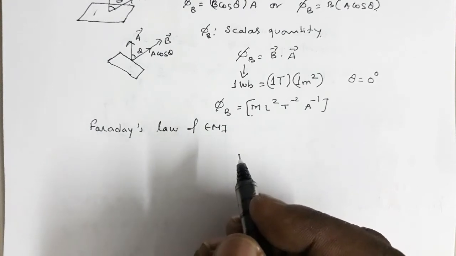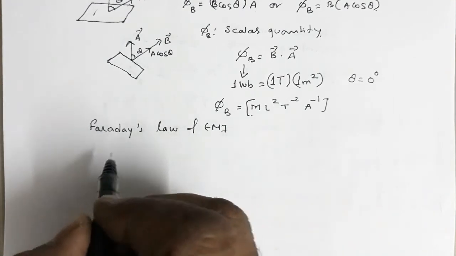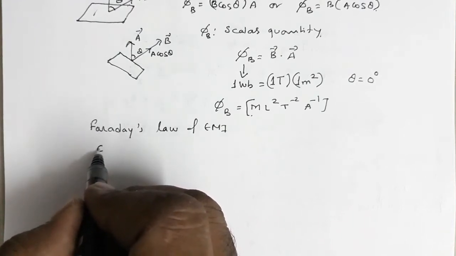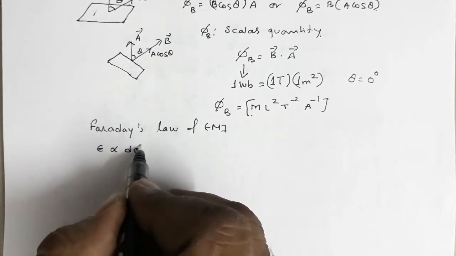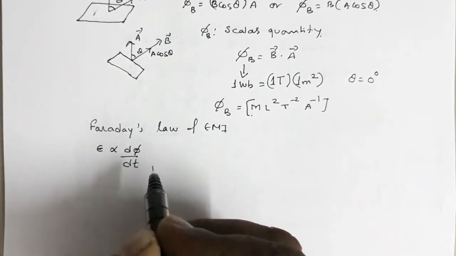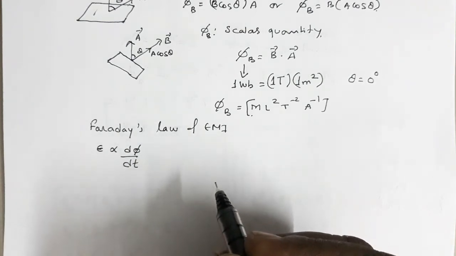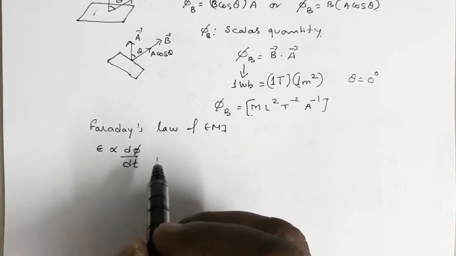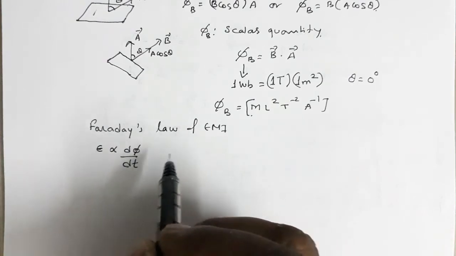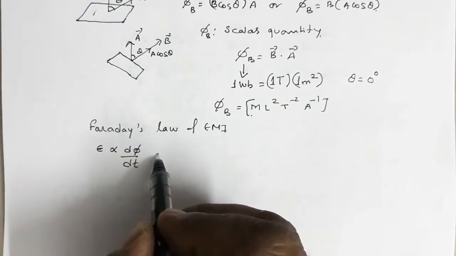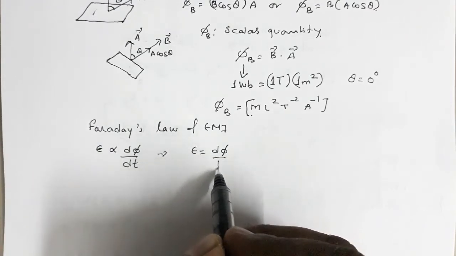What this law says is that the EMF induced is directly proportional to the rate of change in magnetic flux. The EMF induced in a circuit is equal to the rate of change of magnetic flux linked with the circuit. The proportionality constant is 1, so E is equal to d phi by dt.